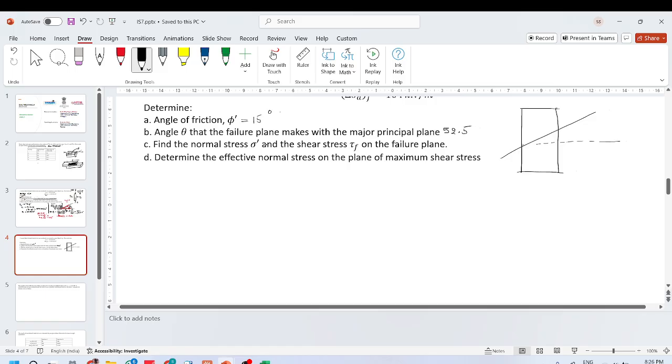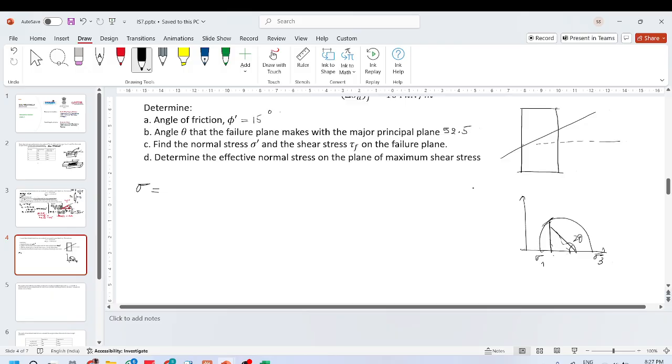Find the normal stress sigma and shear stress tau f on the failure plane. So sigma on the failure plane, either we can do this from here only. This is 2 theta, and this will be sigma 1, this will be sigma 3.